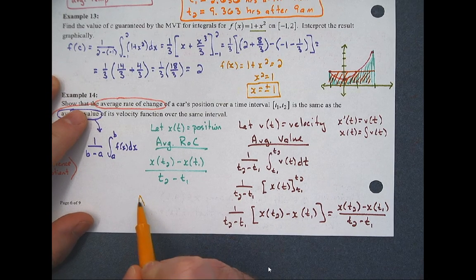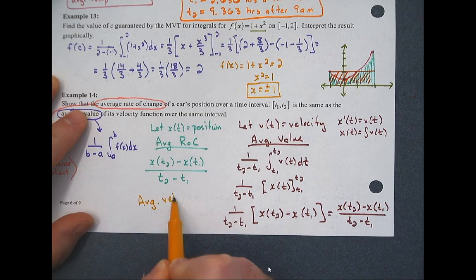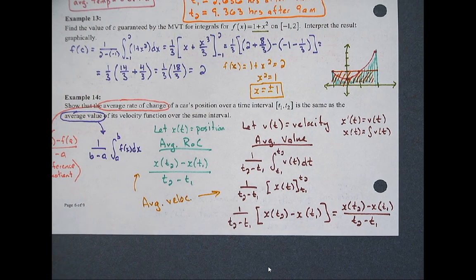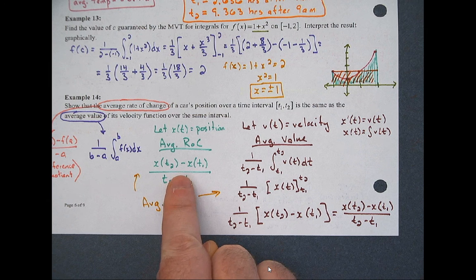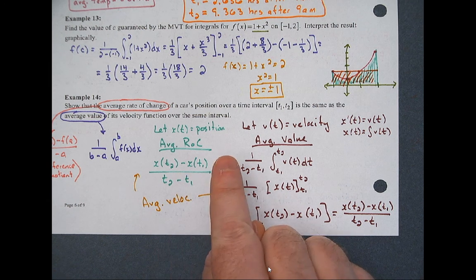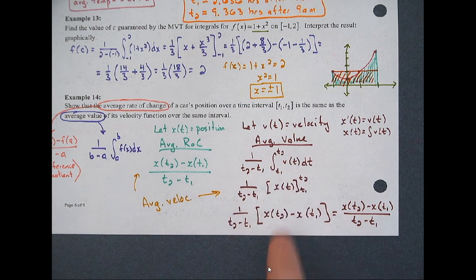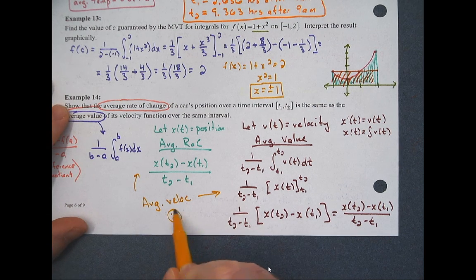So if I ask you to find average velocity, that works and that works. So how do you decide which one? Well, it depends on what you're given. If you're given position and want to find the average velocity, you'd have to do the slope of those positions, see how they're changing. If you're given velocities, you'd have to use this formula to calculate. So average velocity can be a little bit sneaky along the way.